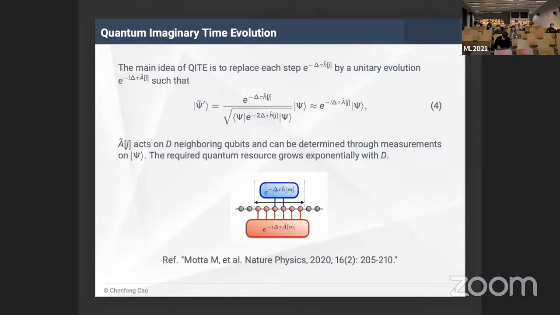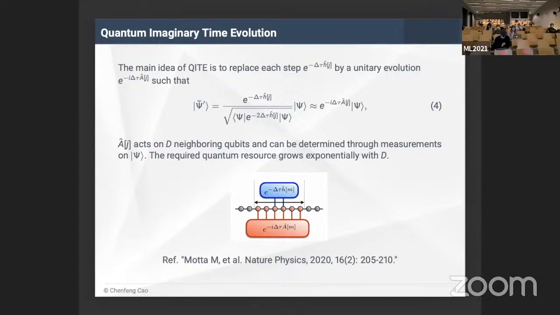Okay, imaginary time evolution is a powerful numerical technique, but it cannot be directly achieved on quantum devices because in our world, the quantum evolutions are real time, not imaginary time. But some researchers developed the QITE algorithm based on the idea of imaginary time evolution.